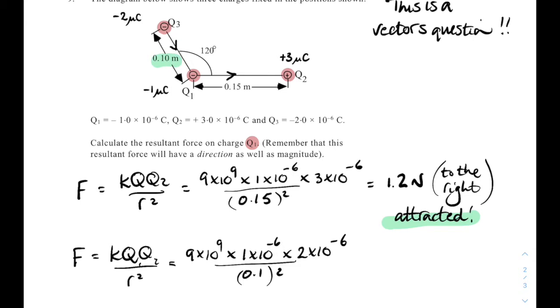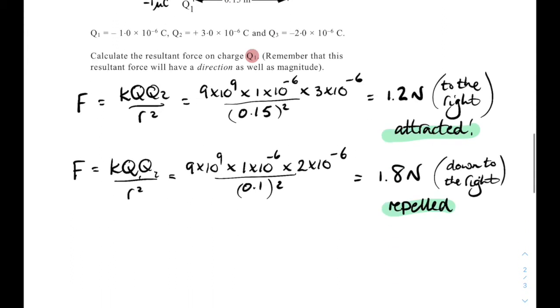Gives you an answer of, it's a slightly bigger force because it's a smaller distance, 1.8 newtons. And the direction of that force, Q3 is repelling Q1, so it's going to push Q1 downwards to the right, because it's being repelled.